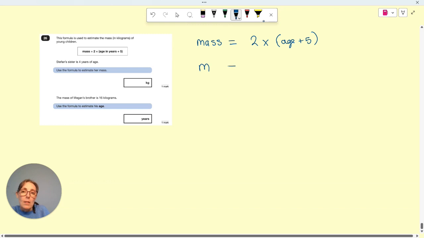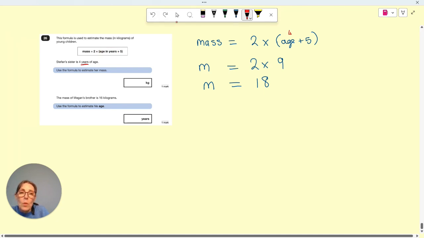So the mass is equal to 2 times, Stefan's sister is 4 years of age. So it's going to be 4 plus 5, 5, 6, 7, 8, 9. So the mass of Stefan's sister, I think, is 18. So what I did was I put this 4 years of age here because it says age in years.